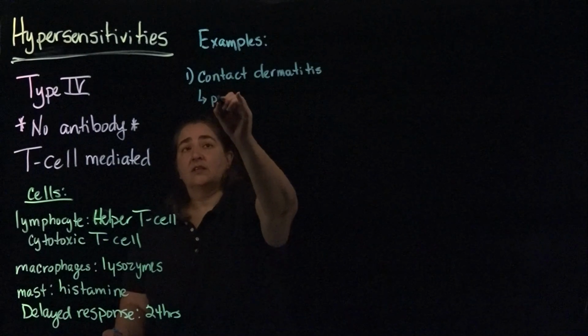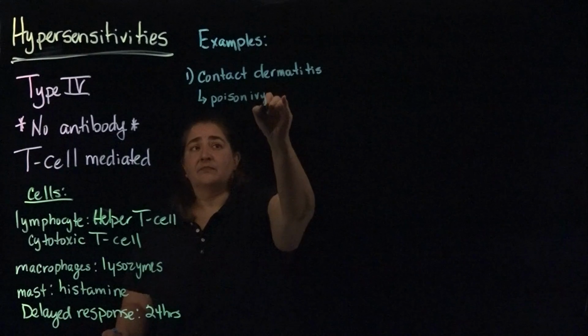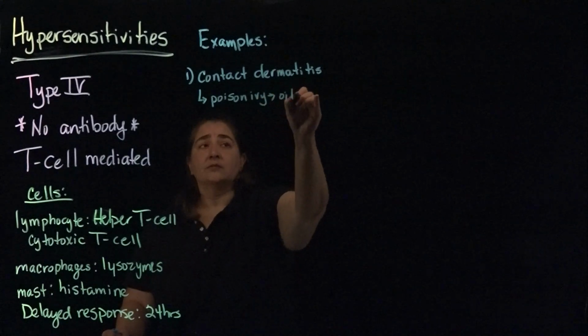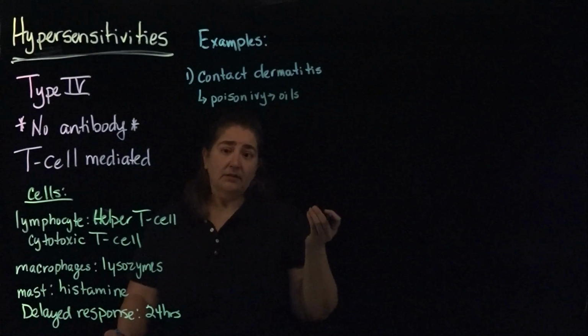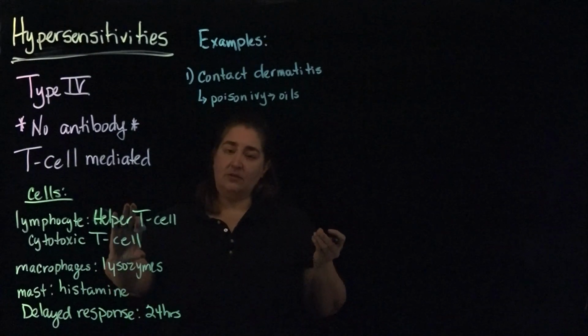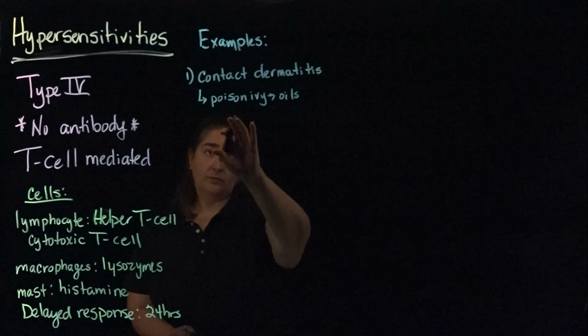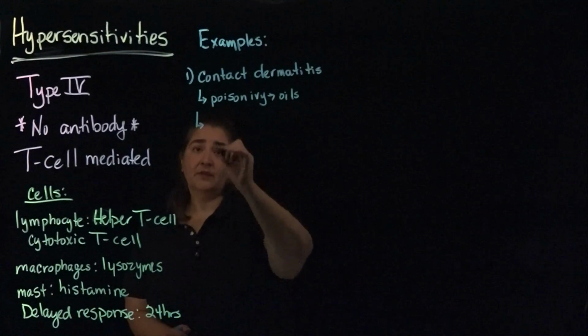So if you've ever had poison ivy, all right, the oils in the plant interact with the epidermis of the skin, and it triggers that type 4 hypersensitivity, okay? So poison ivy is an example.